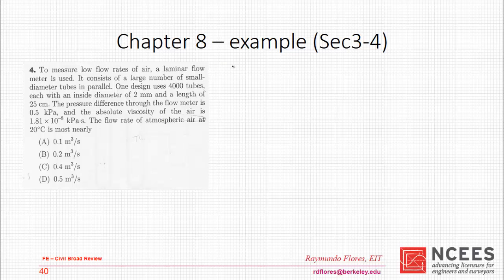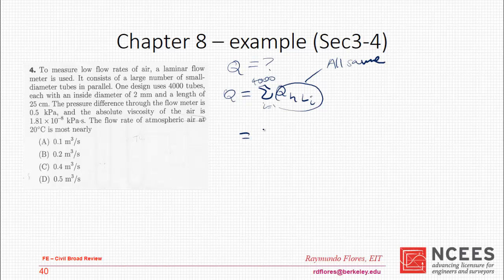When they're saying flow rate, they're asking for Q, and we don't know what that is. But we do know that Q is going to be the sum of all Q's given by HL, i equals 1 to 4,000. Because they're all the same, then this is just 4,000 times Q.